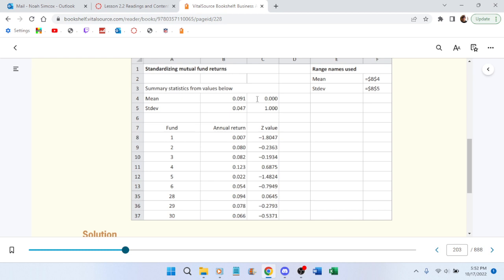They calculated all the z-values. Oh. Okay.